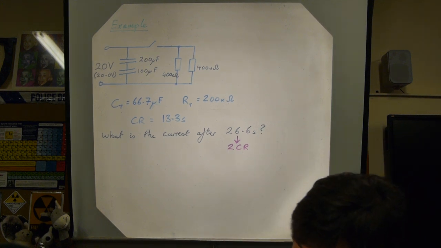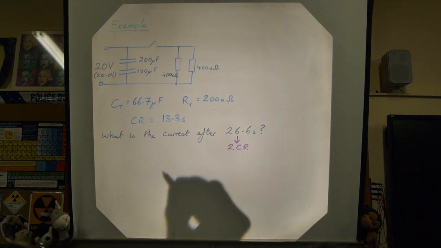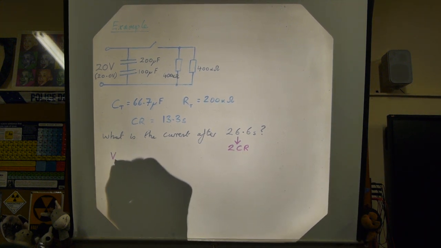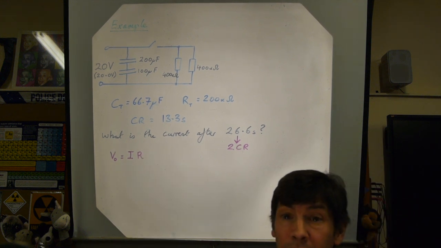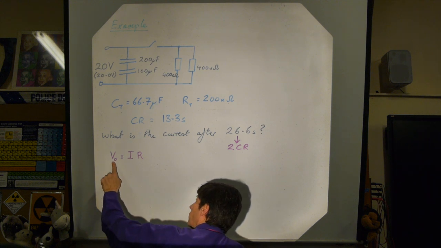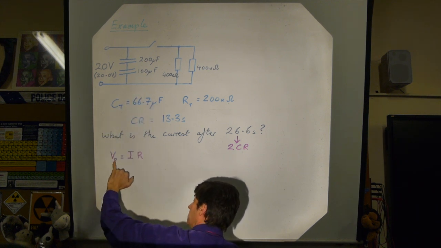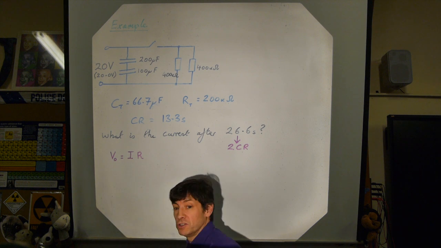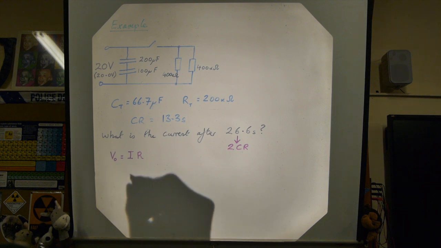Let's have a look at what the current is when we get started. So the starting voltage will be equal to IR. Now you might think, well, hang on, isn't this something to do with the battery? Yeah, but think about that, V0 is on the capacitor. So the current at the start when the capacitor discharges will be equal to IR. So we need to work out what I is.